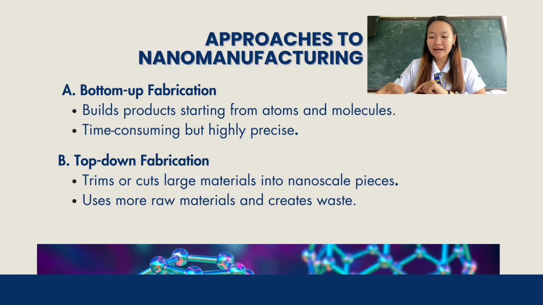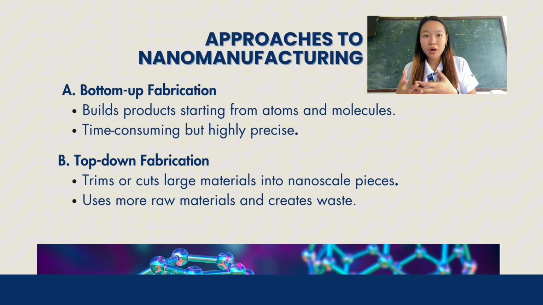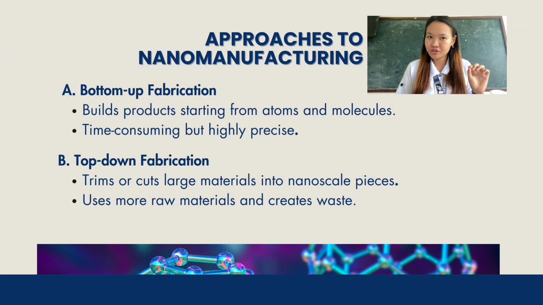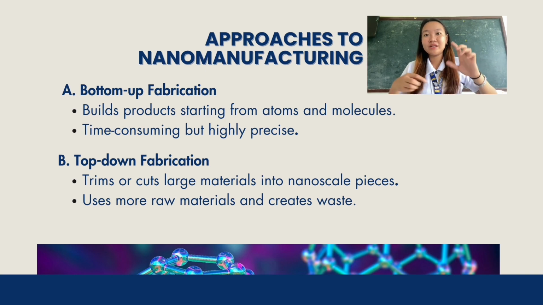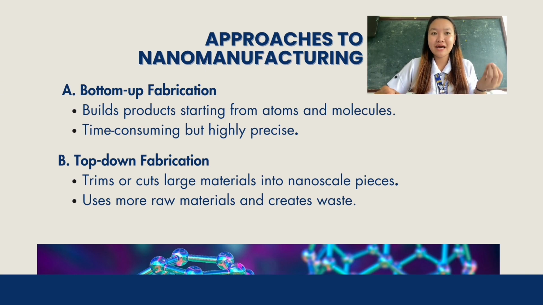Time-consuming but highly precise. Since assembling happens atom by atom, the process is slow, but it results in very accurate, highly structured, high quality structures. While top-down fabrication trims or cuts large materials into nanoscale pieces, it uses more raw materials and creates waste.